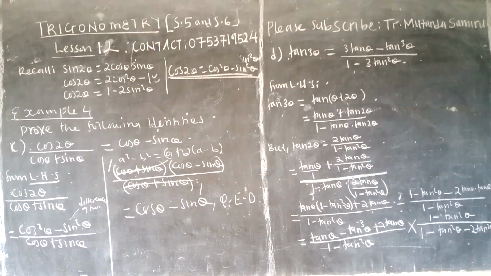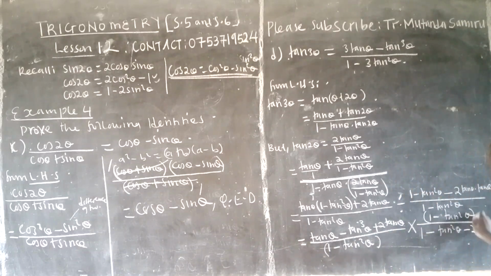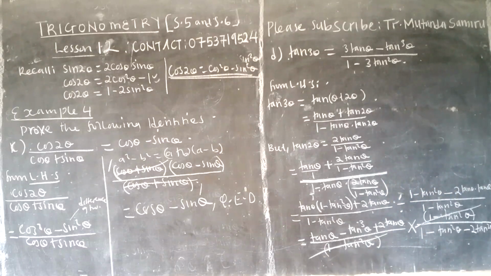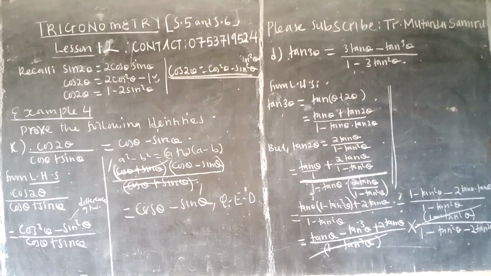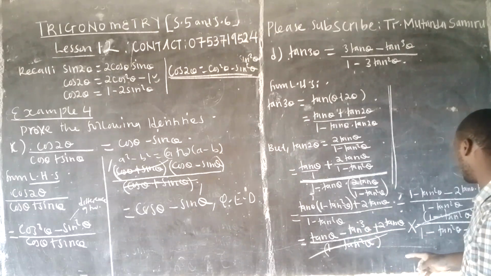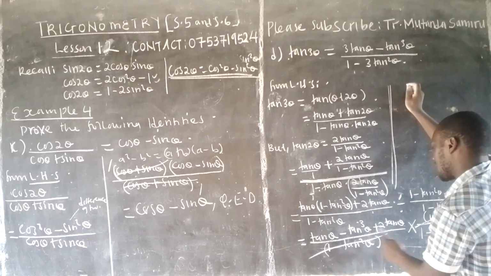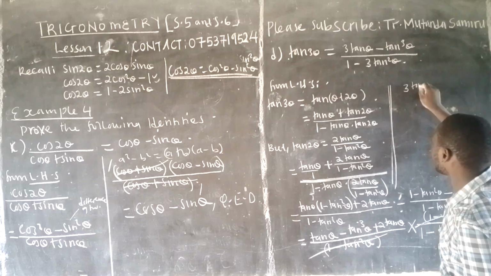Good. Then you realize that this one here and this will cancel out. Please allow me to conclude from here. This one up over this one down: tan θ plus 2 tan θ will give you 3 tan θ.